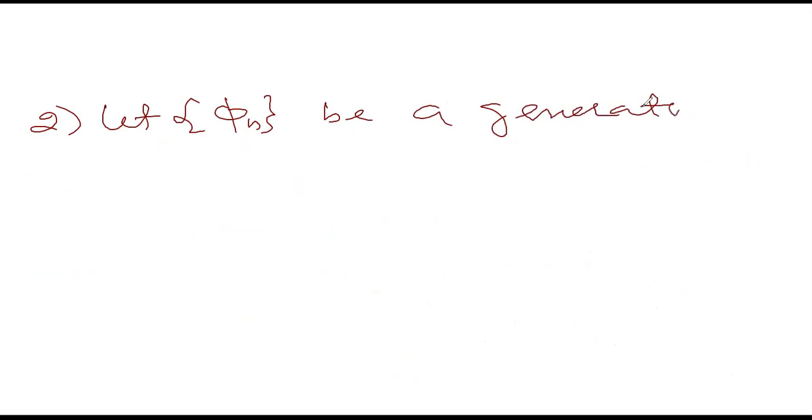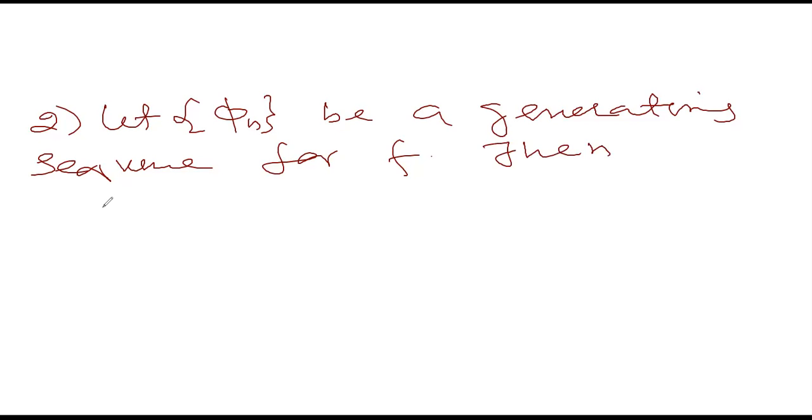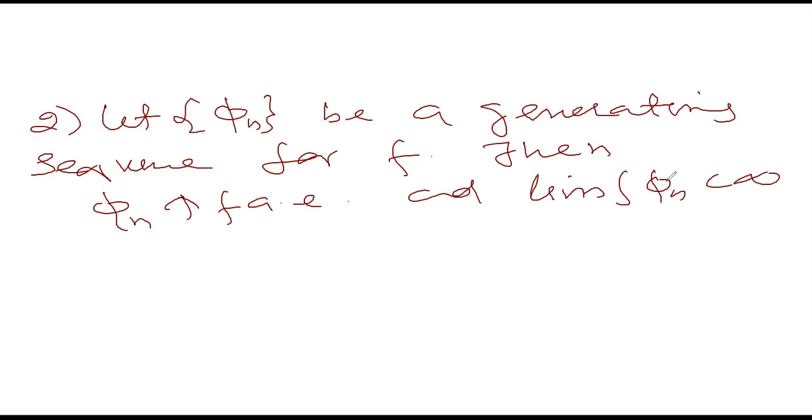Now the second property, which is actually obvious. So let's choose a generating sequence for f, because f is an upper function. Let phi n be a generating sequence for f. Then this phi n increases to f almost everywhere, and the limit of the integral of phi n is finite.